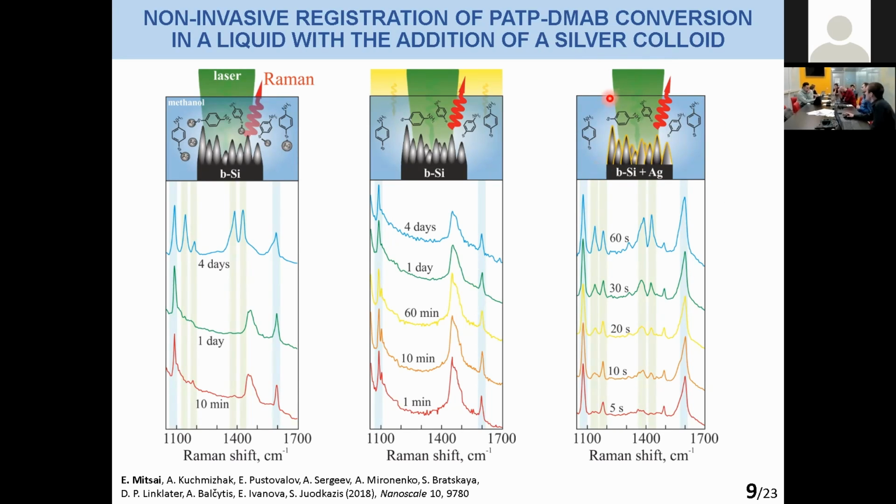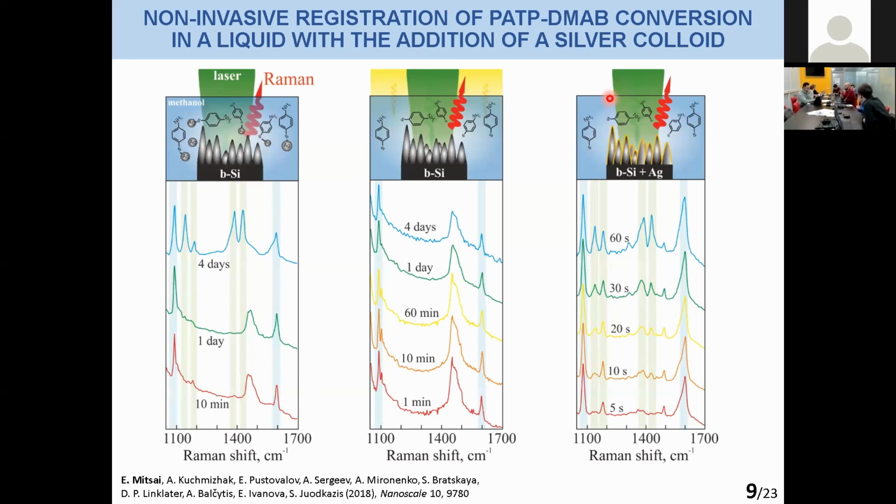Why can't we say that the field enhancement and SERS enhancement factor with a thin silver film is just much higher than without the film? Isn't that the only conclusion? Theoretically you will have a much higher field enhancement factor. I just didn't get the question. Basically, how do I see this slide? You take a cuvette with the silver particles, and you see this reaction going on quite slowly, like in 4 days.